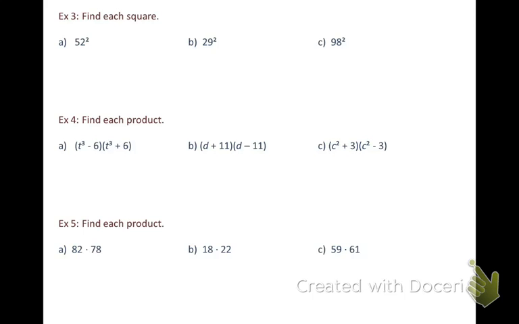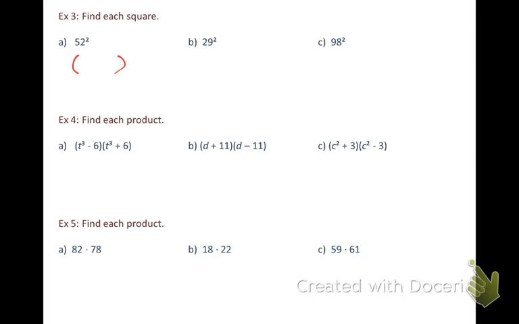Example 3. Example 3 looks like you could do it easily. You could put it on a calculator, but they want you to do it a little differently. So instead of having 52 squared and going 52 times 52, you're going to show your math by making a parenthesis that's squared.